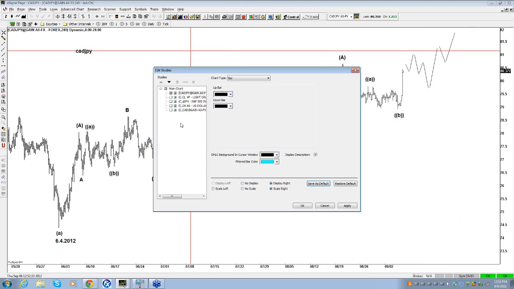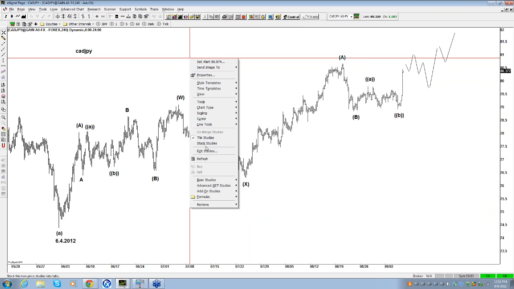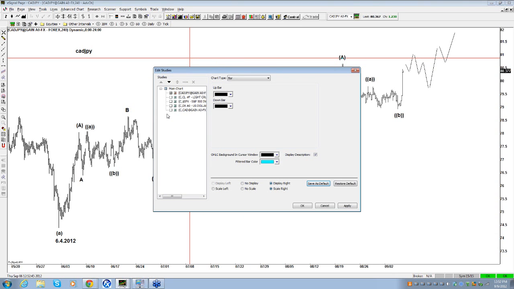Another one that I recommended to buy in the pullback is the Aussie Yen. Aussie Yen, I recommend to buy on the pullback. Don't touch either side, in my opinion, on the Aussie dollar. I don't know what's going to happen with the Aussie dollar.